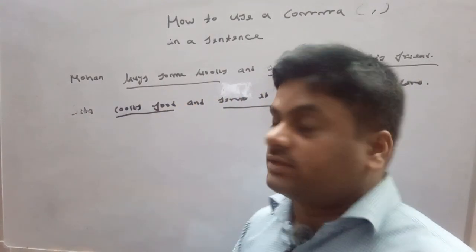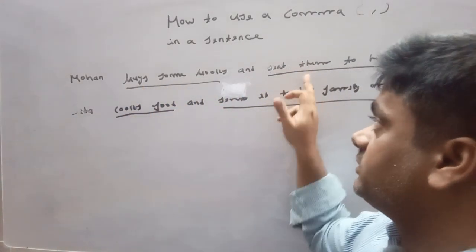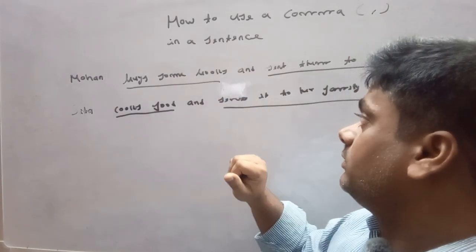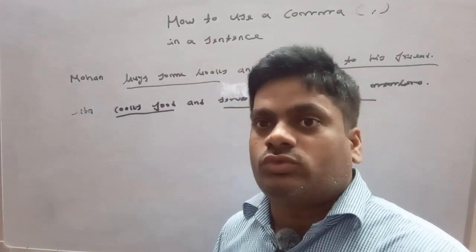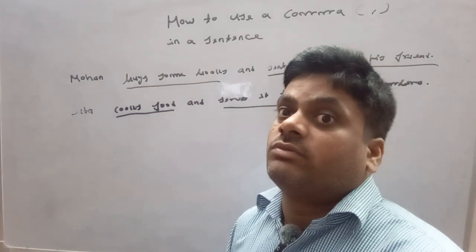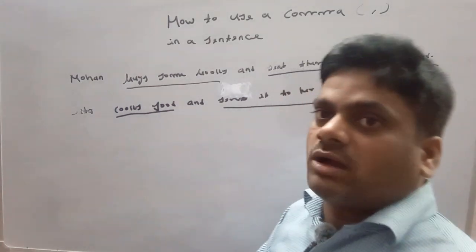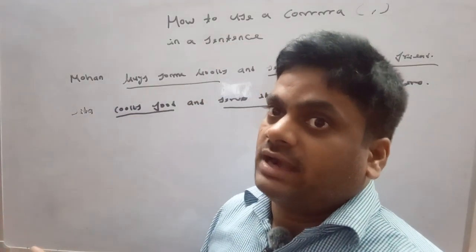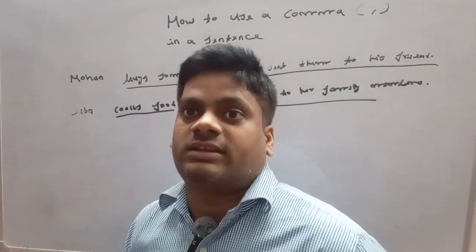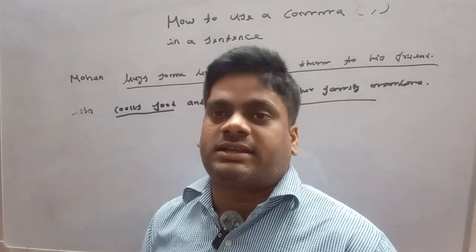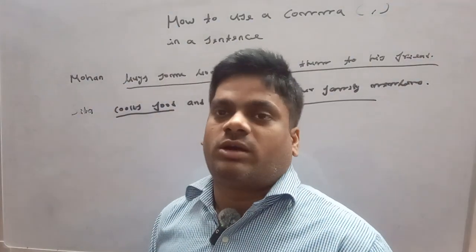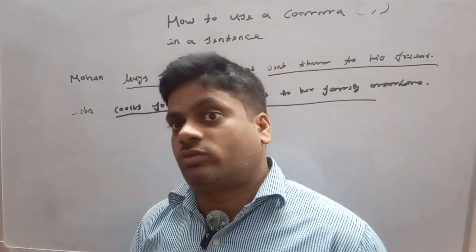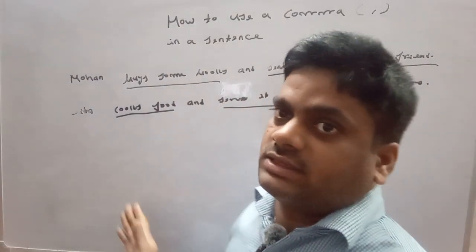Both predicates are connected with and, and here we cannot use a comma before and, because we cannot use a comma while joining two predicates with a single subject. Had there been two separate subjects and two separate predicates, we would have used the comma, but here the subject is single, so we cannot use a comma in these sentences.